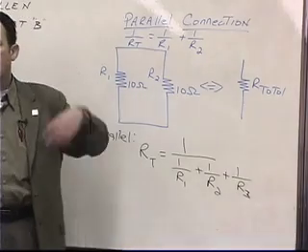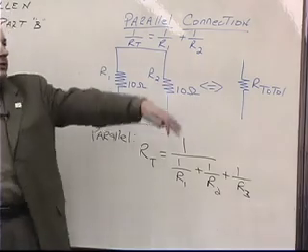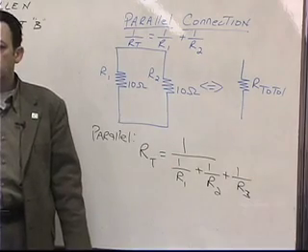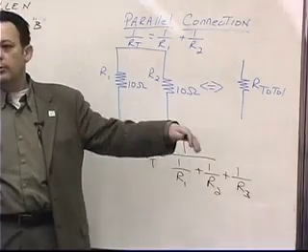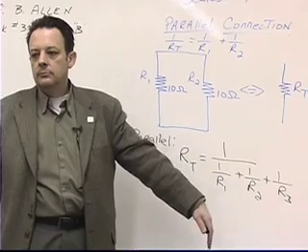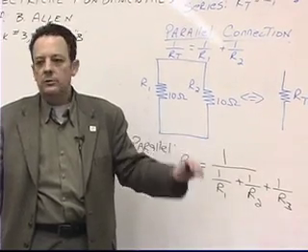Just keeps going on and on. So no matter how many resistors you have in parallel, you just keep on adding another inverse of that resistor. And it always works the same.